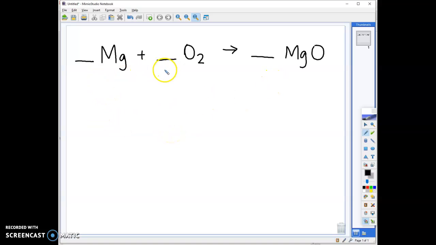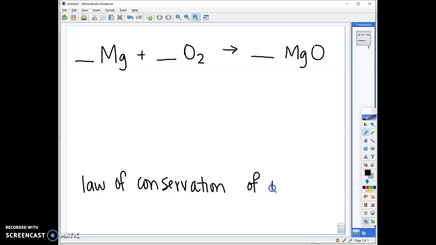So what I have to do is balance the equation, because due to the law of conservation of mass, or sometimes referred to as the law of conservation of matter, we know that matter is neither created nor destroyed. So when we have a chemical reaction, we can't create new matter and we can't destroy what we already have.